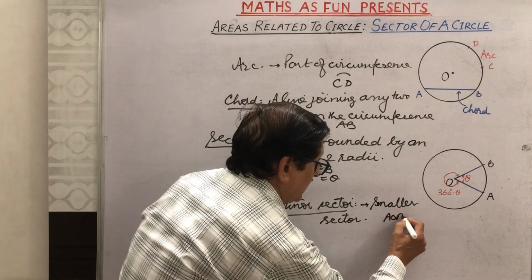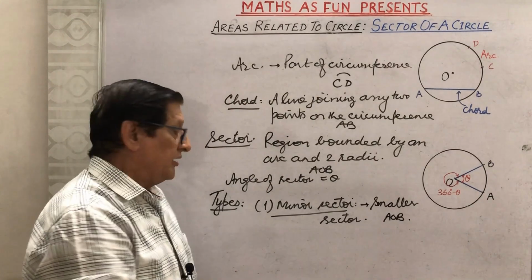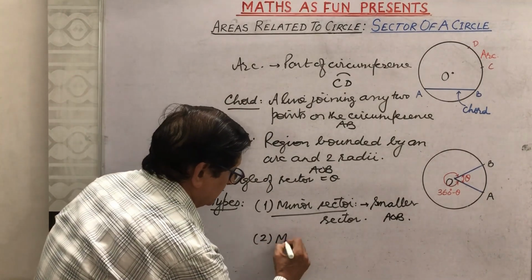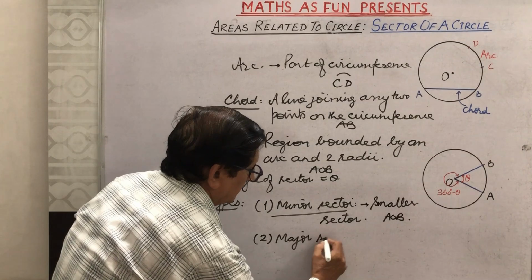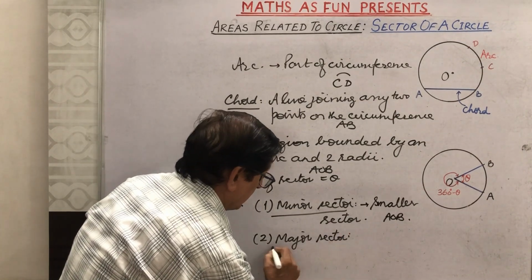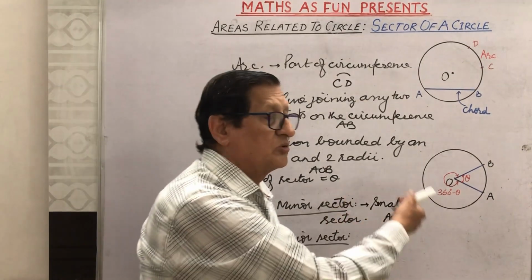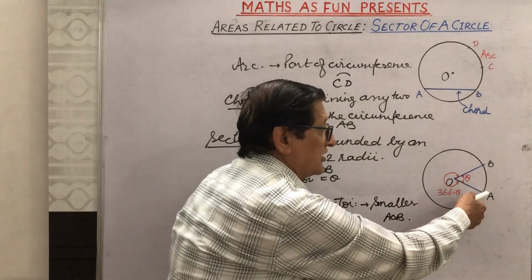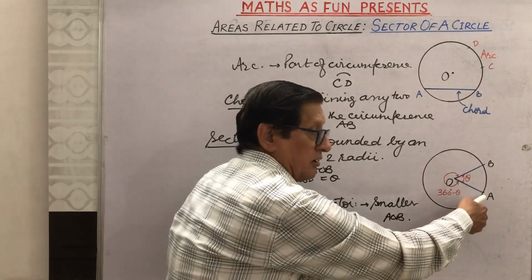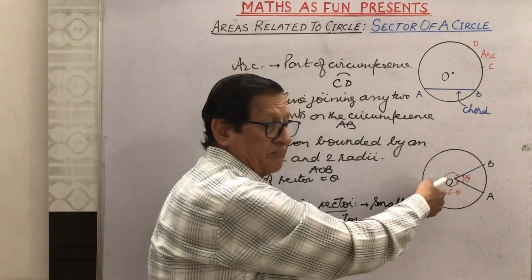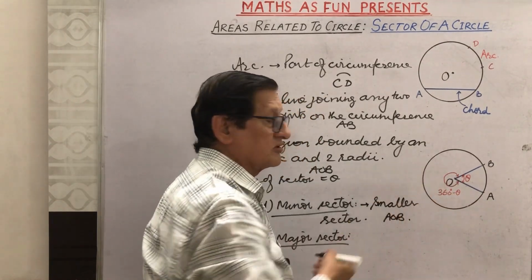Like AOB here. Next is major sector. The larger one is known as the major sector. Like here you see here BOA. This is the sector which is known as the major sector.